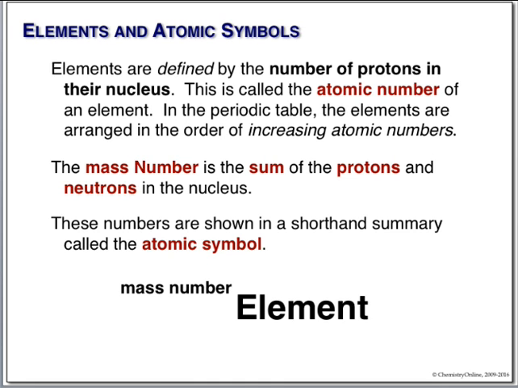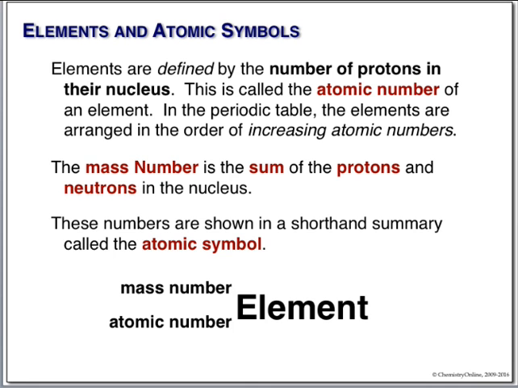And finally, as a subscript in front, we write the atomic number. Now, this is going to become very important when we look at radioactivity, because when we talk about radioactive elements, we use atomic symbols all the time.